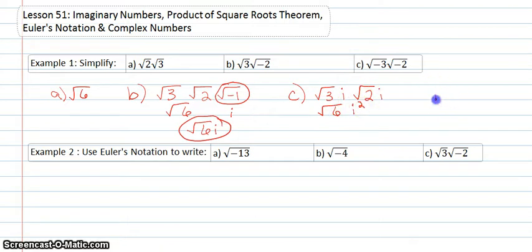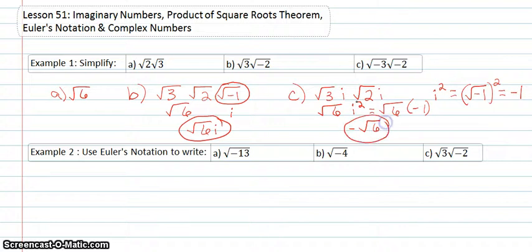Now, i squared would equal the square root of negative 1 squared, which would be a negative 1. So this is actually the square root of 6 times negative 1, which would be the negative square root of 6. And that would be our answer.